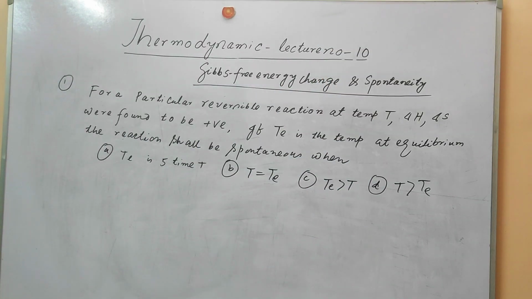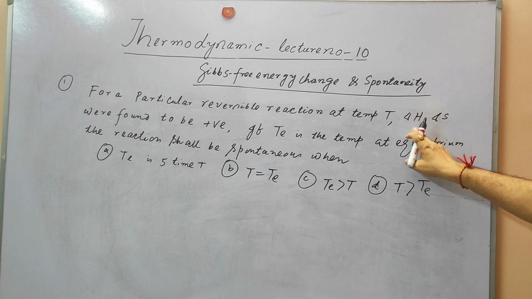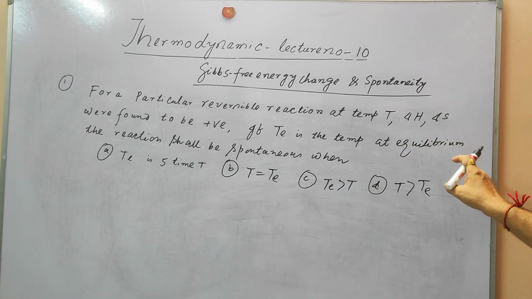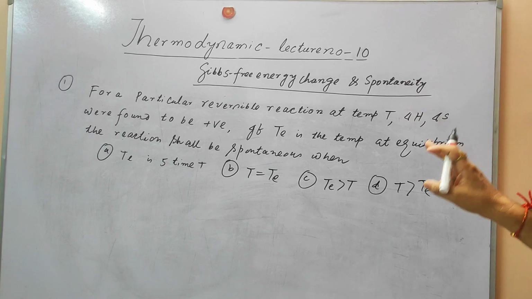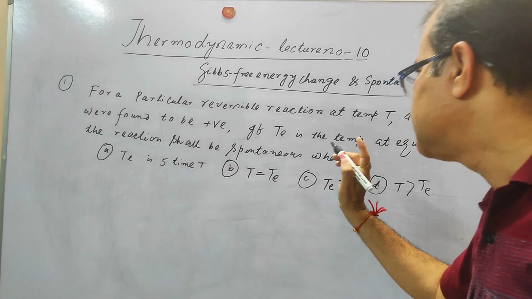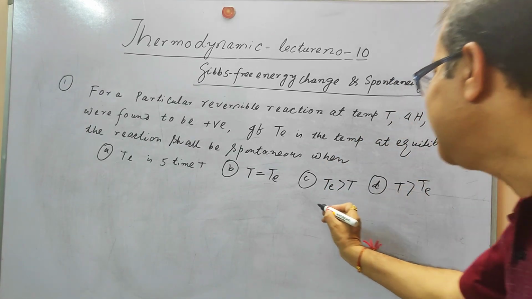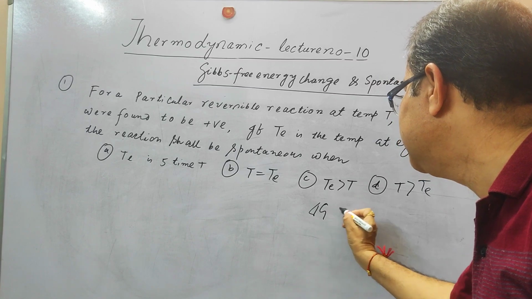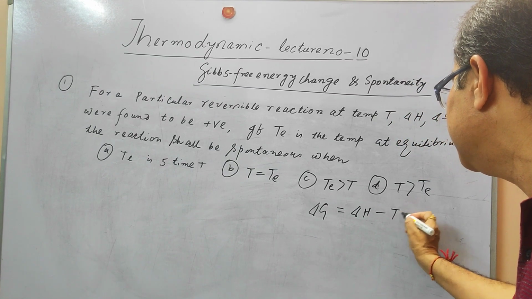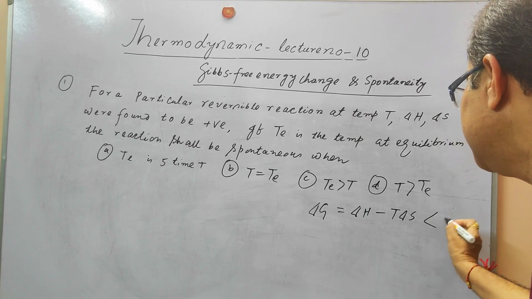Okay. For a particular reversible reaction at temperature T, delta H and delta S were found to be positive. If Te is the temperature at equilibrium, the reaction shall be spontaneous when, and the options are given. We know the reaction will be spontaneous when delta G, that is delta H minus T delta S, is less than 0.